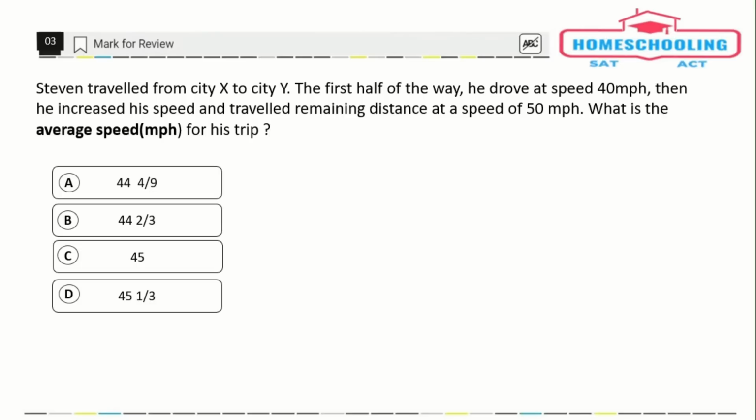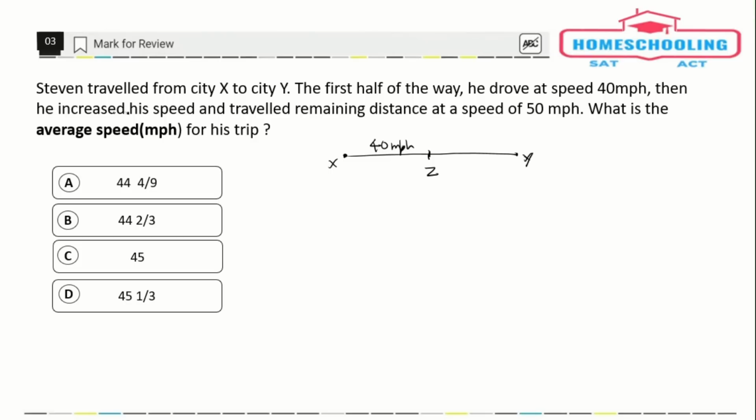Question number 3 says that Stephen traveled from city X to Y. So this is your city X and this is your city Y, and Z is the center between them. For the first half of the way he drove at a speed of 40 miles per hour.